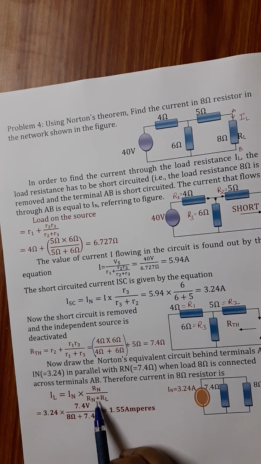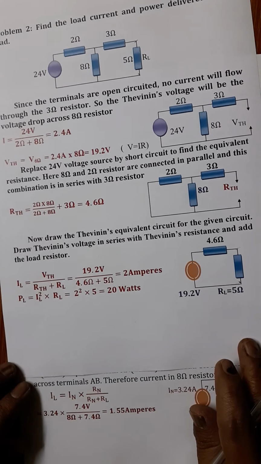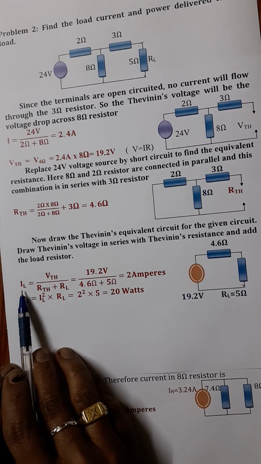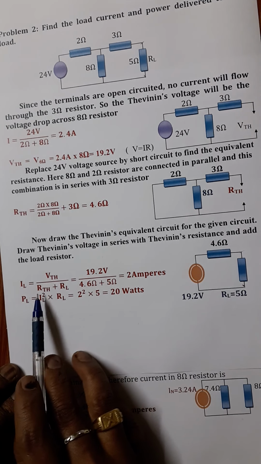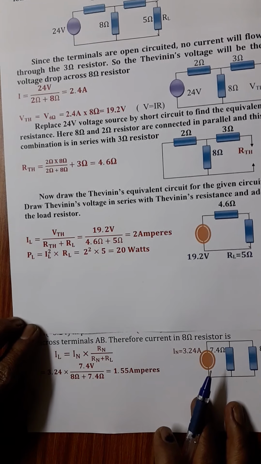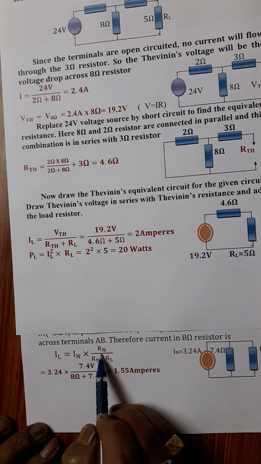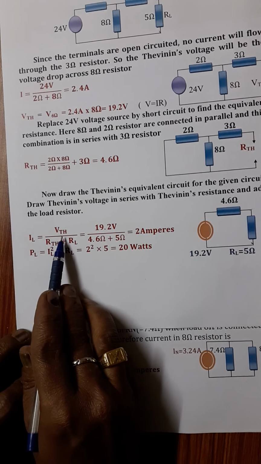In the previous section, we found the current using IL equal to VTH divided by RTH plus RL. Here it is IL in Norton's theorem, that is IL equal to IN into RN instead of VTH.